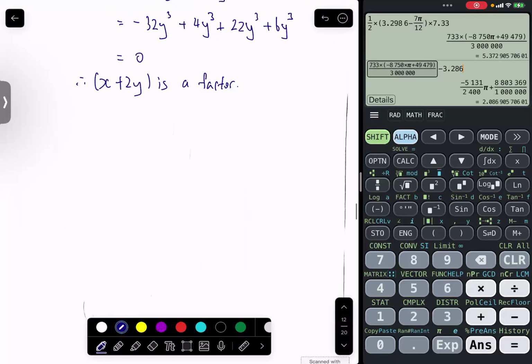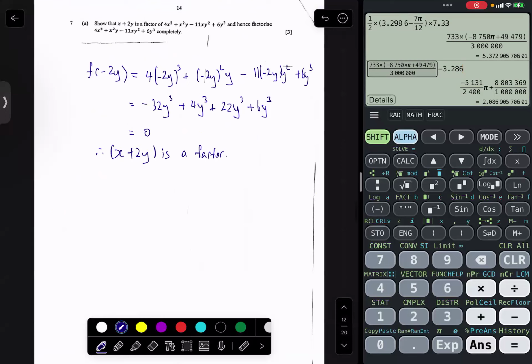Then we'll have 4x cubed plus x squared y minus 11xy squared plus 6y cubed divided by x plus 2y.